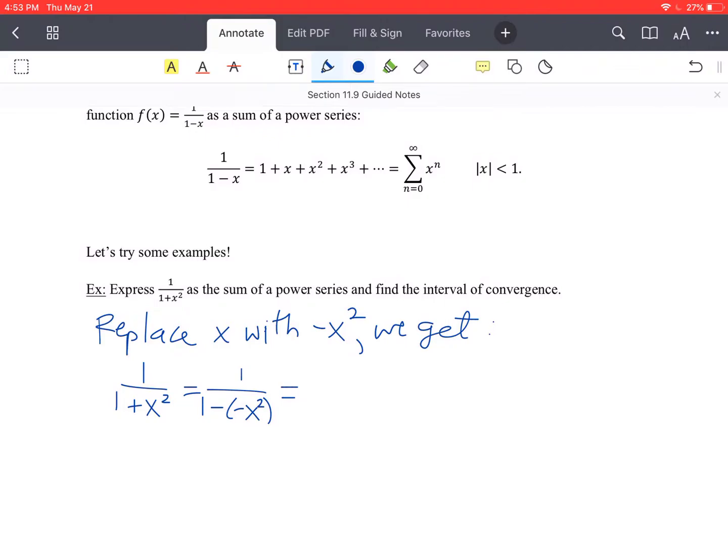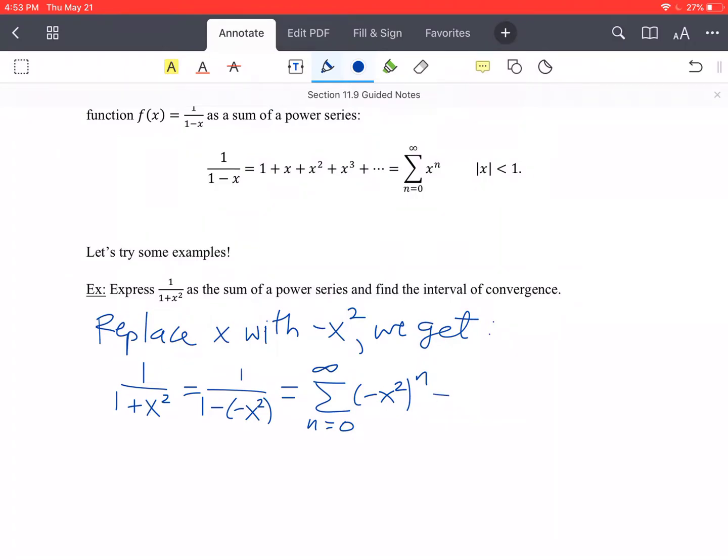This we can write out in summation notation, n going from 0 to infinity of negative x squared to the n. Hopefully you can see how we're matching the form. If we have 1 over 1 minus x, in this case x is just negative x squared instead. So we're using that same geometric series here.